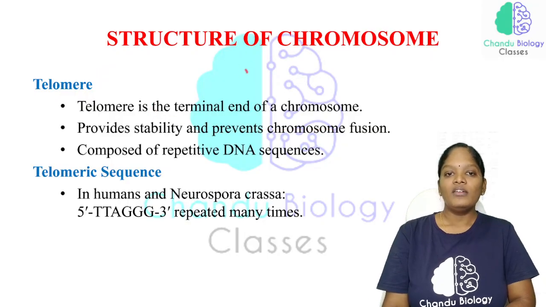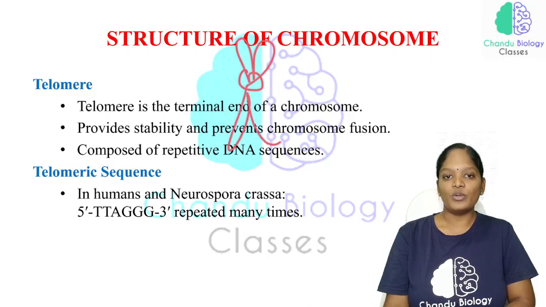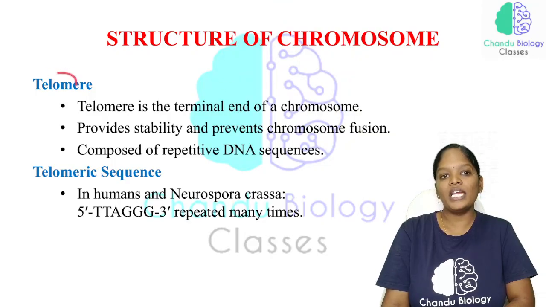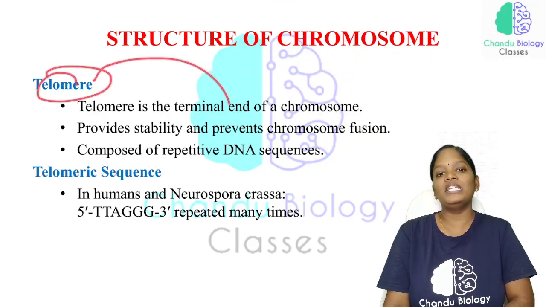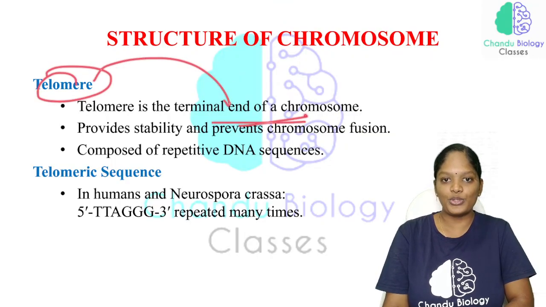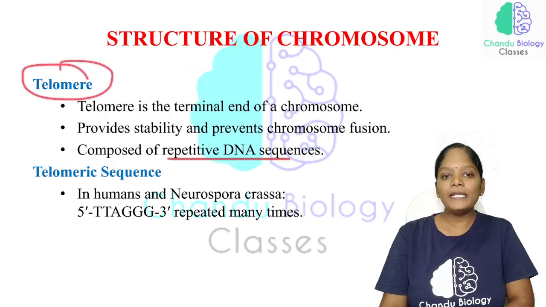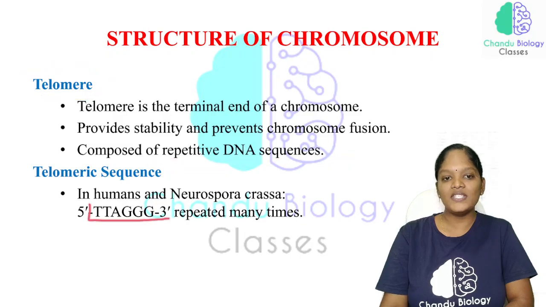This is one chromosome and this is another chromosome, and they could fuse with each other. This fusion is prevented with the help of the telomere, which is present at the terminal ends of the chromosomes. And this telomere contains repetitive DNA sequences, which is nothing but TTAGGG.